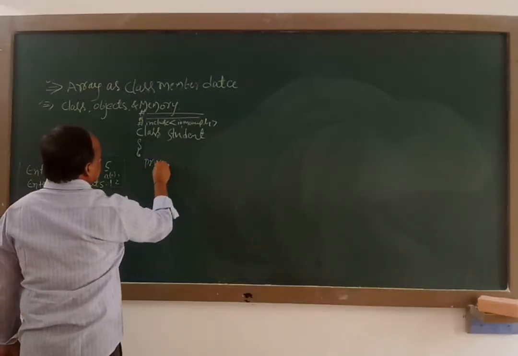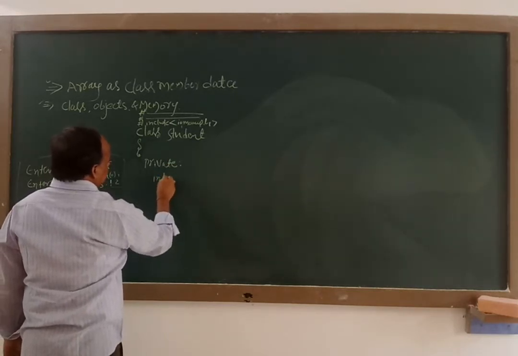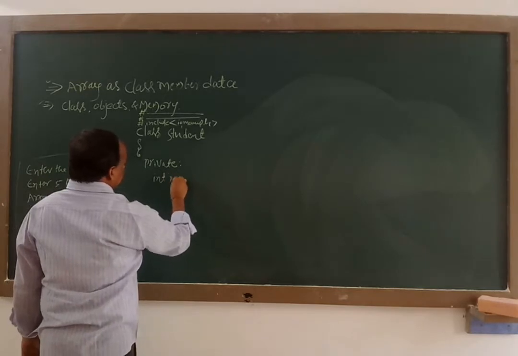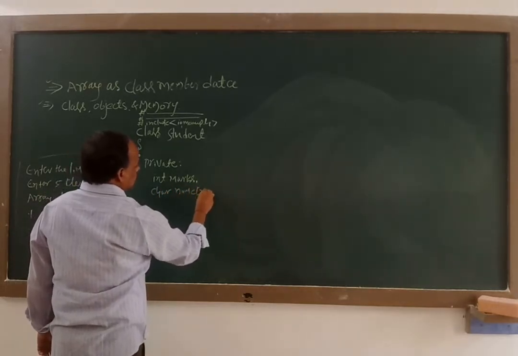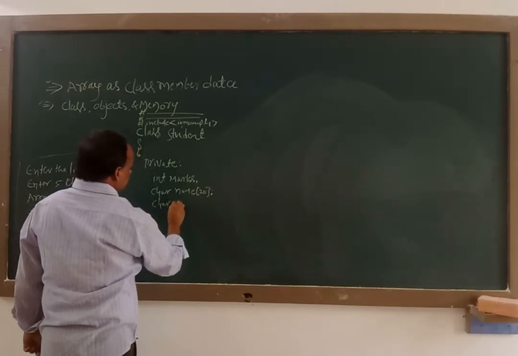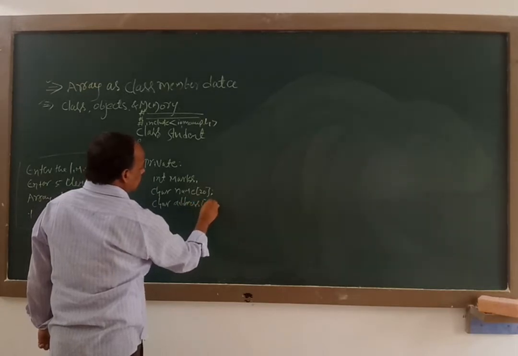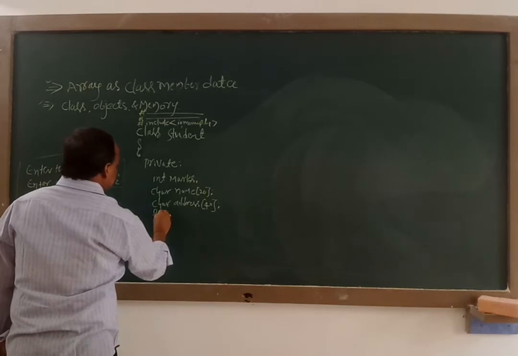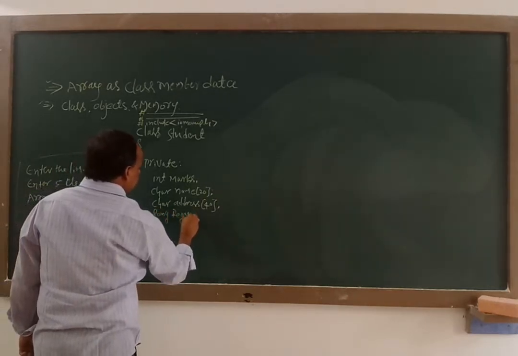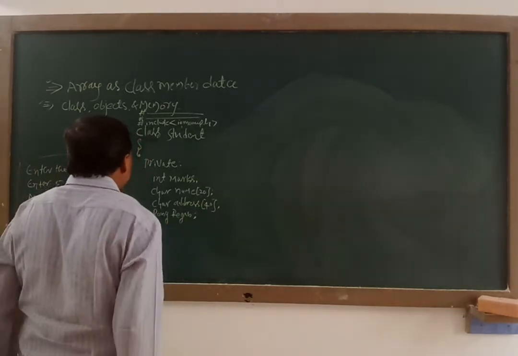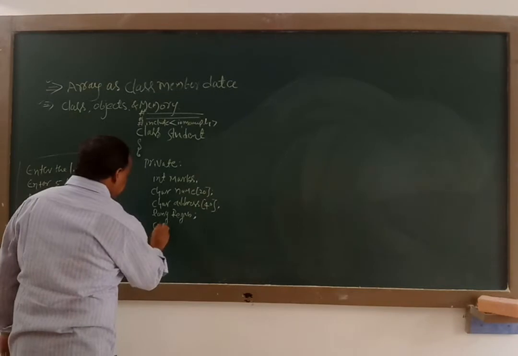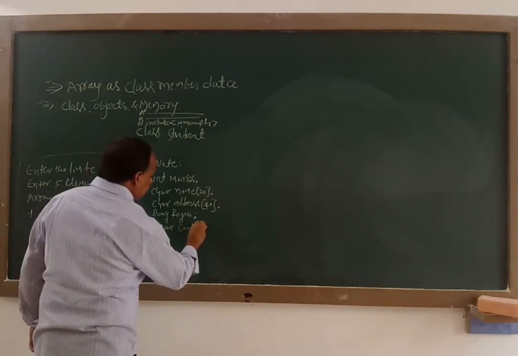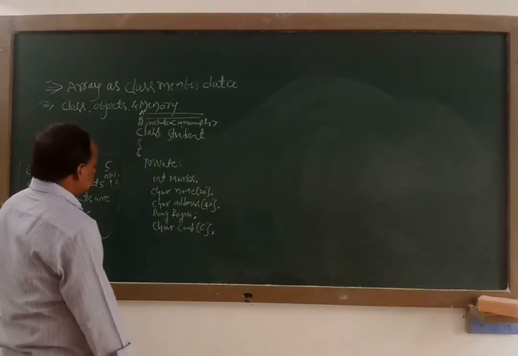Next, private: declare the data members. int marks; char name[20]; char address[40]; long register number; next one, char combination[6], right?